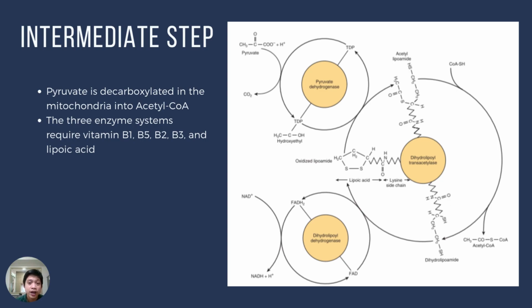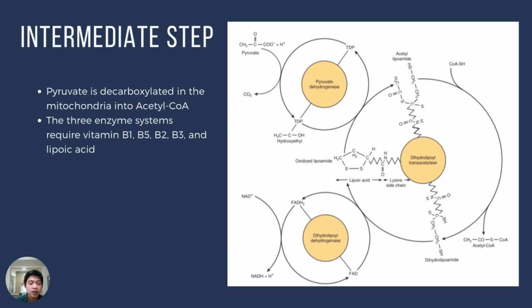So you have enzyme complex, enzyme 1, 2, and 3. Enzyme 1 is pyruvate dehydrogenase. Enzyme 2 is dihydrolipoyl transacetylase. And enzyme 3 is dihydrolipoyl dehydrogenase.